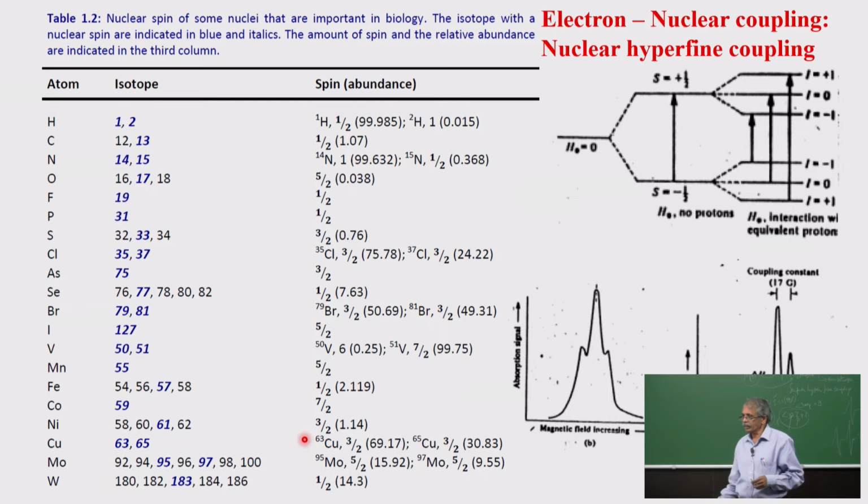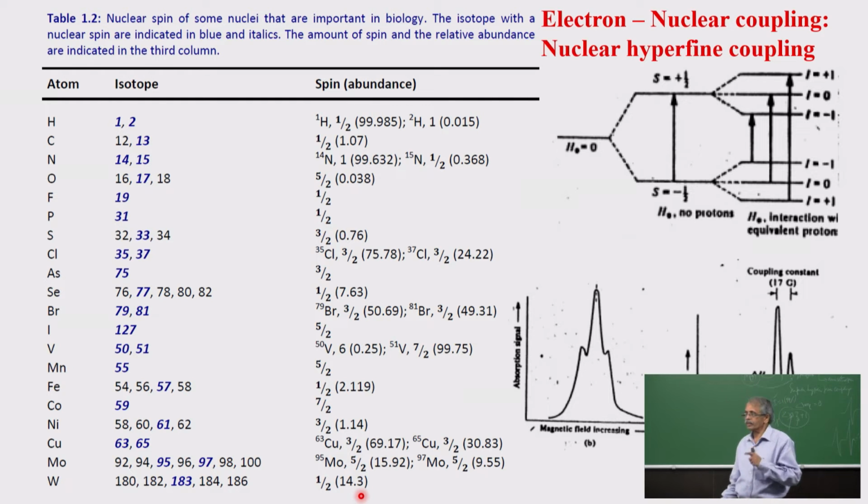Copper is again 3/2, so you can get 100%. You can expect the copper coupling. And molybdenum, yes, 5/2 with 16%, and another 5/2 with 9.5%. Together it is around 25%, so it is very well understandable. In the molybdenum case also you will see nice hyperfine coupling. And if you take tungsten, yes, 14% with a half, very good.